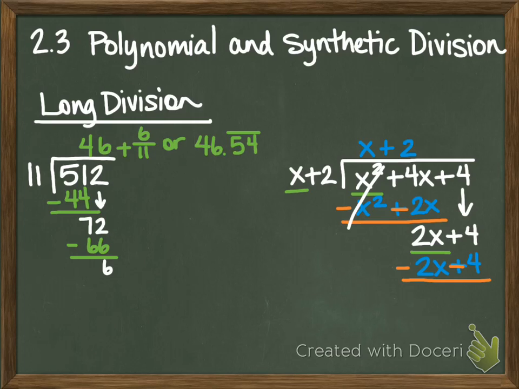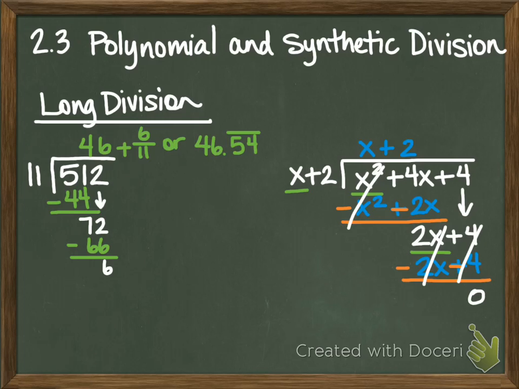Notice our 2x's cancel and our 4's cancel. So we have a remainder of 0. So x plus 2 is our answer when we divide these two polynomials. It's the same as saying if I factored x squared plus 4x plus 4, x plus 2 times x plus 2 are the factors.